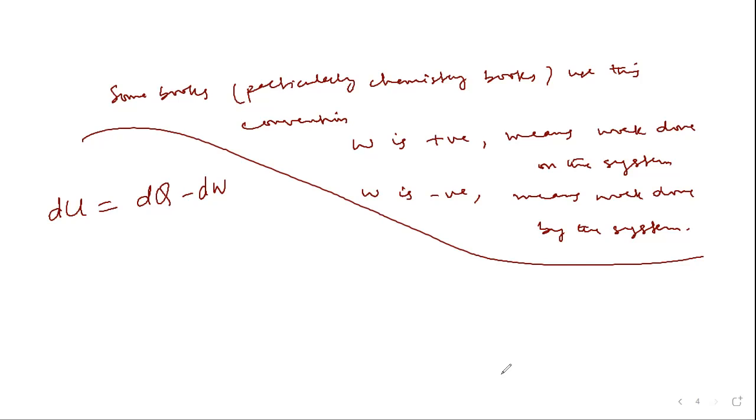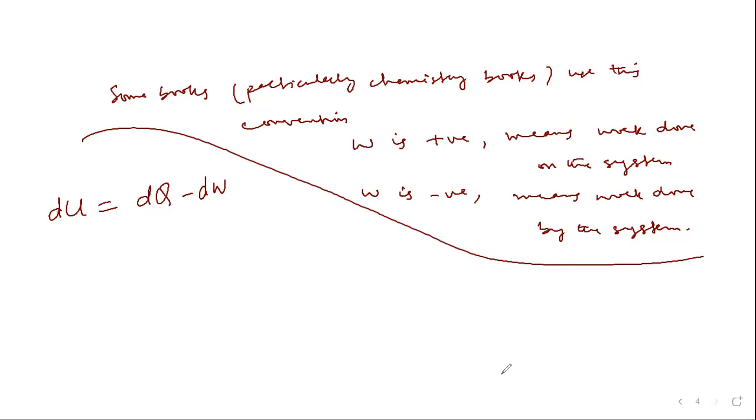So in my convention, this means I can change the internal energy of a system by either putting heat into the system or taking heat from the system, or by doing work on it. I can change the internal energy either by heat or by work or by a combination of both, right?